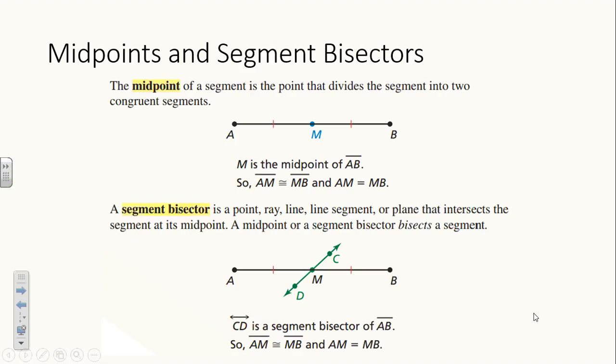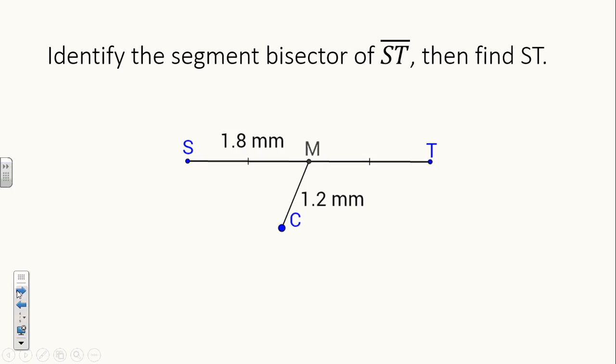Next slide. So we want to identify the segment bisector of segment ST, and then find the distance between S and T. First of all, what do you think this segment bisector is?